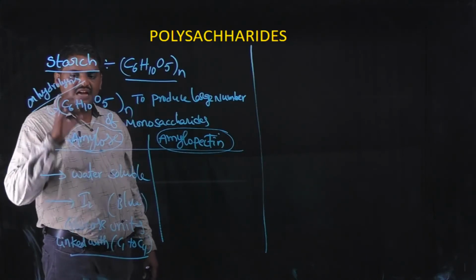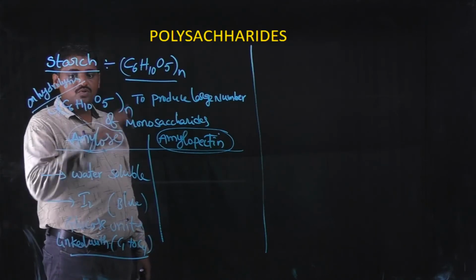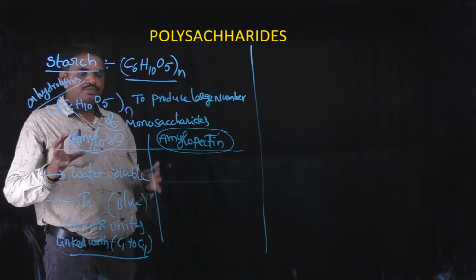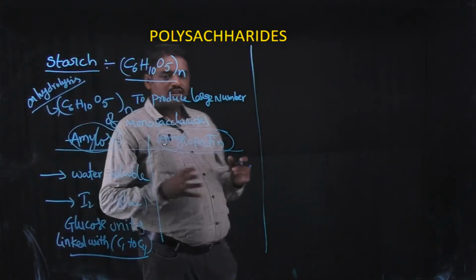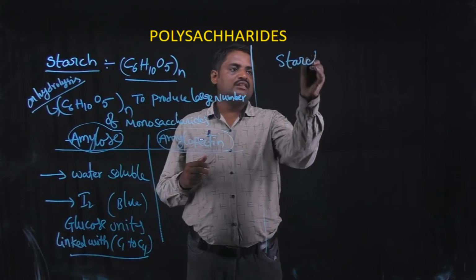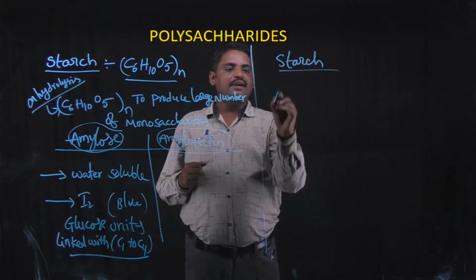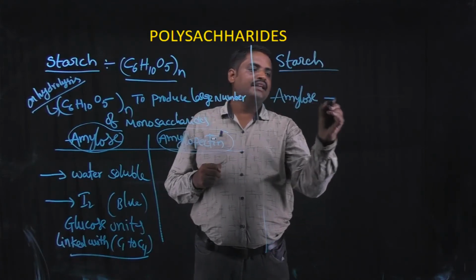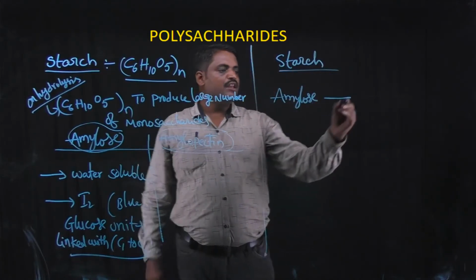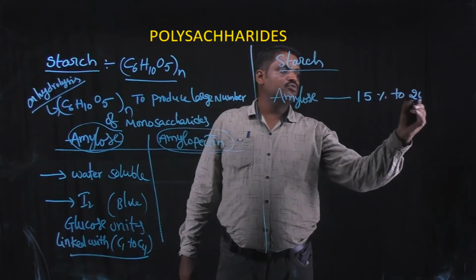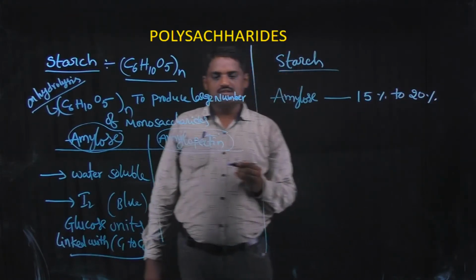It reacts with iodine to produce a blue color solution. In general, amylose in starch, the amylose contains 15% to 20%.